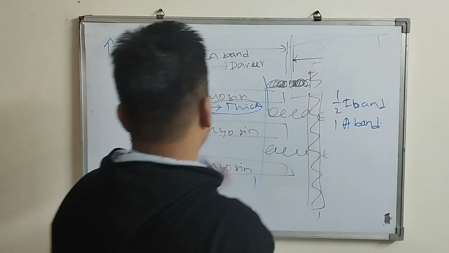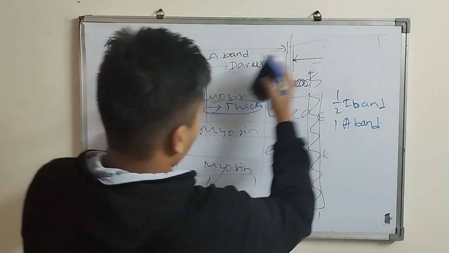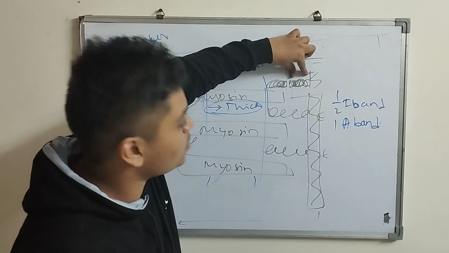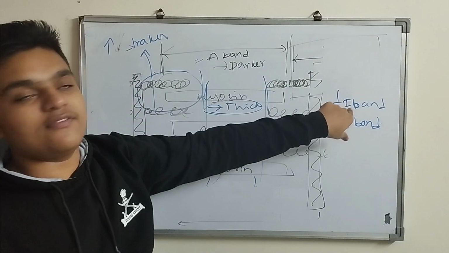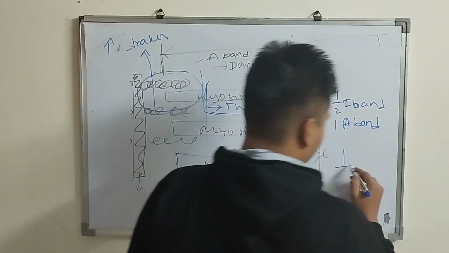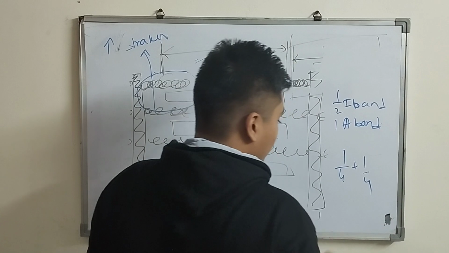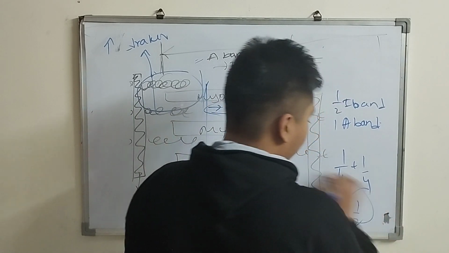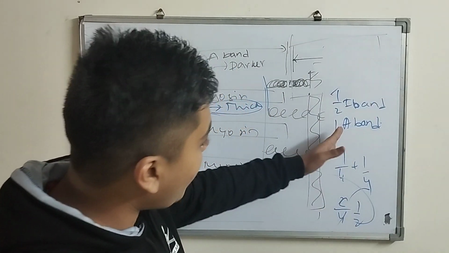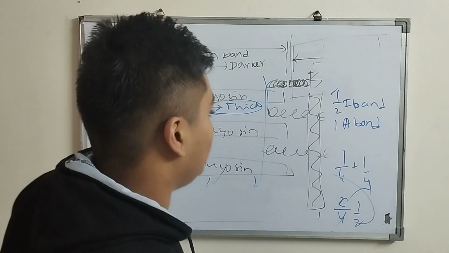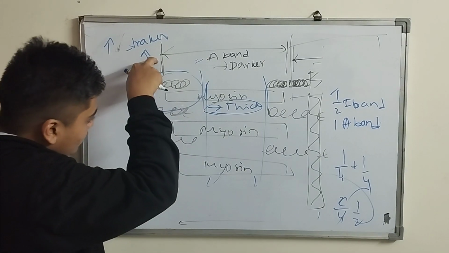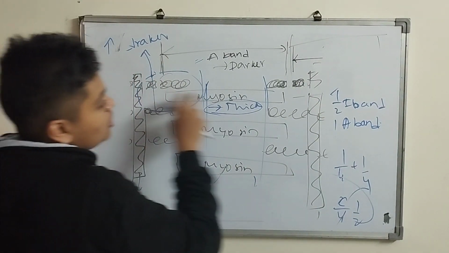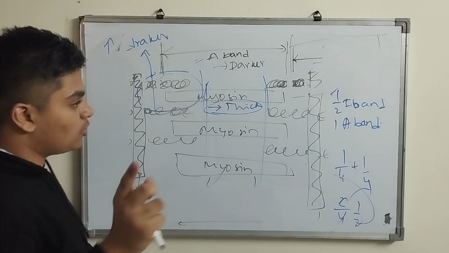This is actually 1/4 of the I band, and this is 1/4. 1/4 plus 1/4 is 2/4, that is half. So 1/4 of the I band is present on this side, the other quarter on this side. Quarter plus quarter, half.